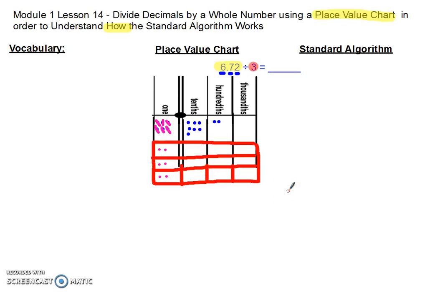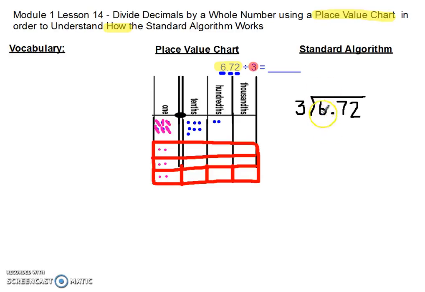Now this is where we're going to relate it to our standard algorithm. So I'm going to go over here and draw in my standard algorithm. The standard algorithm is kind of read backwards. So you have your division sign and your starting amount actually goes underneath your division sign. So we have 6.72, and how many groups you're dividing into goes on the outside.